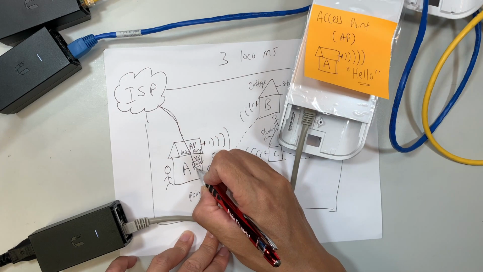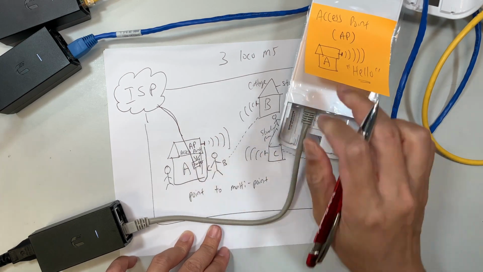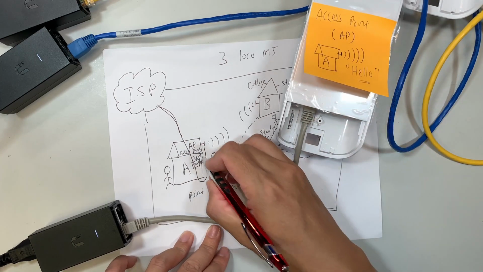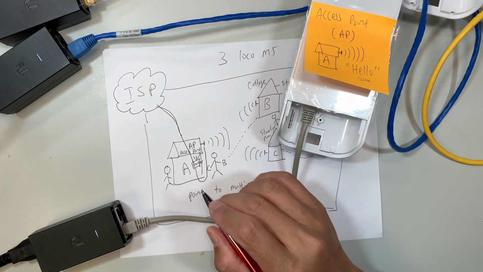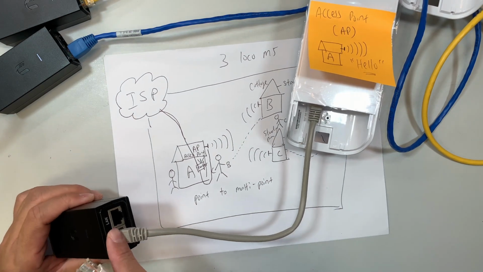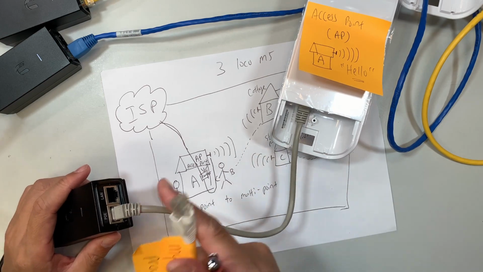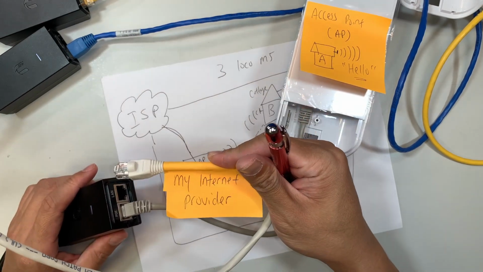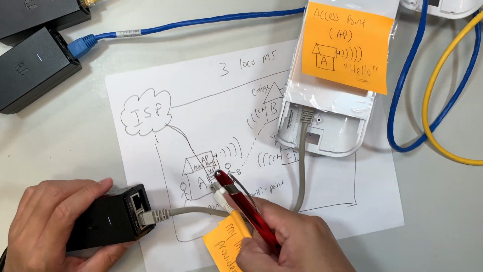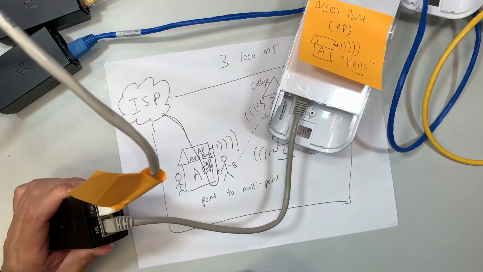So what you want to do is have this one cable connect to your access point. Where does it go? It has to go into your LAN. So my access point here, and this is my internet service provider cable coming off from my router, I'll be plugging directly into my LAN.